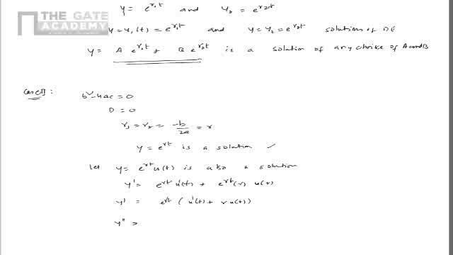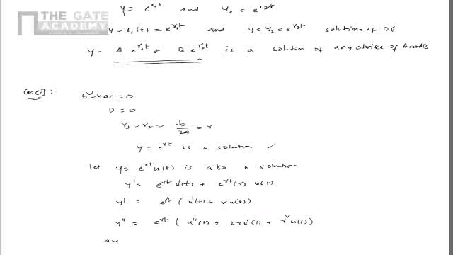Similarly, y double dash will be, in the same way, e power rt, just differentiating it two times. It will be u double dash t plus 2 r u dash t plus r square u of t. When you differentiate y dash one more time and apply the chain rule, you will get this.